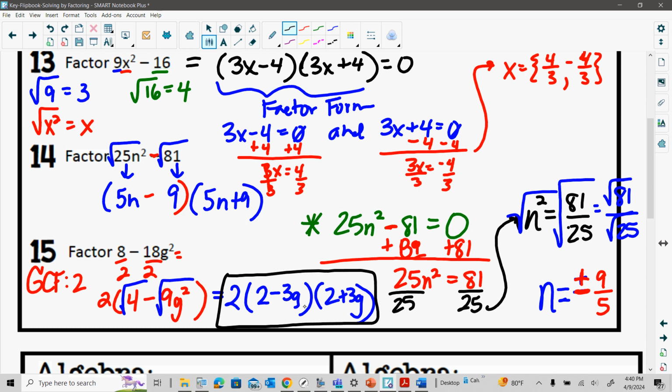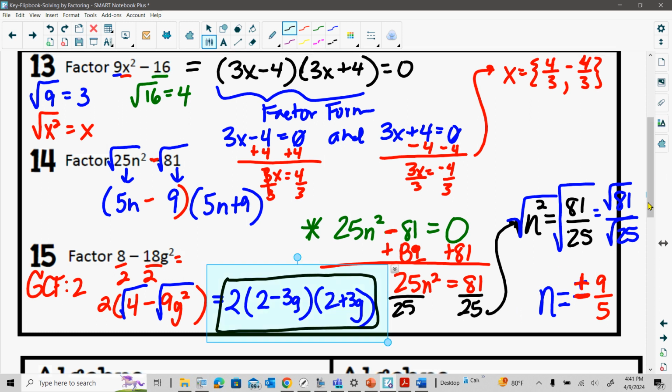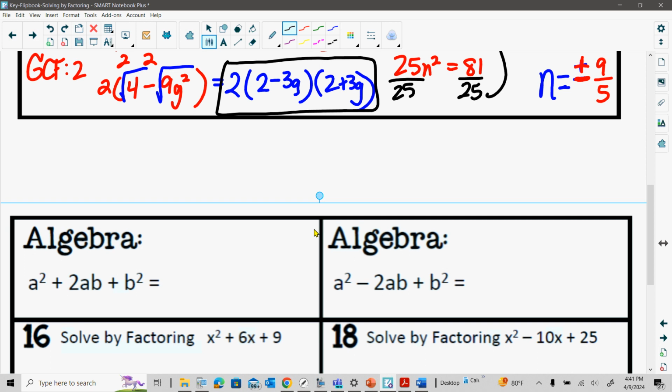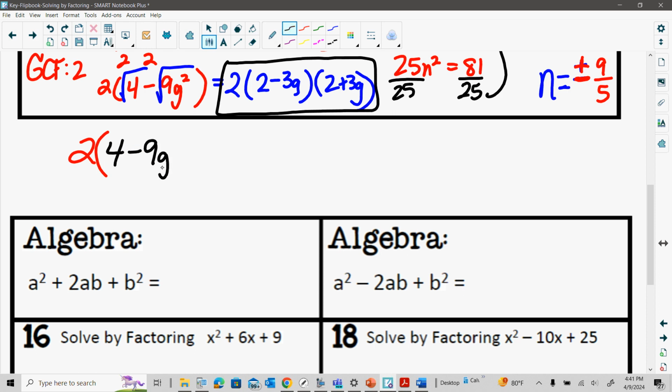If I wanted to solve just for the variable, okay, and I know I'm kind of running out of room here, so I'm going to have to extend this page a little bit. I would take this, the 2 doesn't matter, that's just my GCF in front. And I have my 4 minus 9g squared equal to 0.